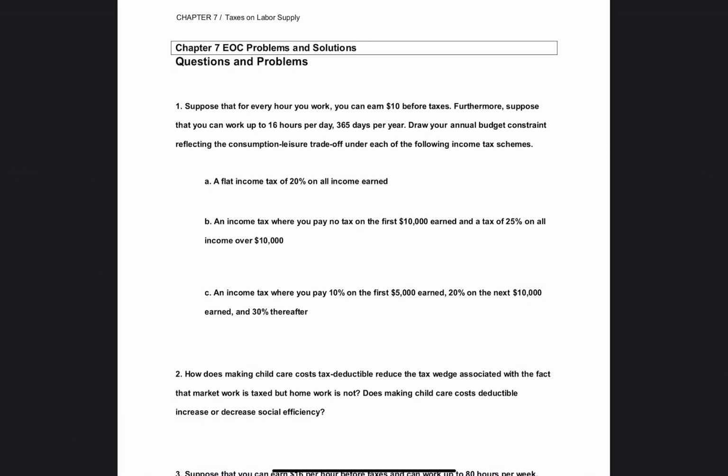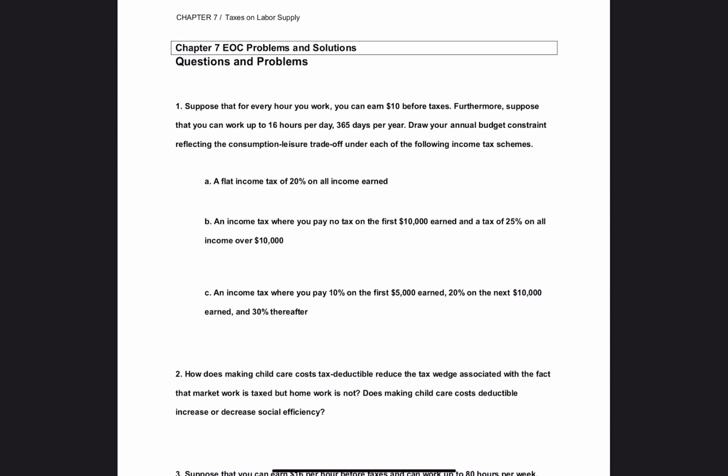So the assumption here is basically that we can earn some amount of money during the year, and we will fully consume or spend the money that we earned on consumption goods. By choosing how much we work, we can increase the consumption.